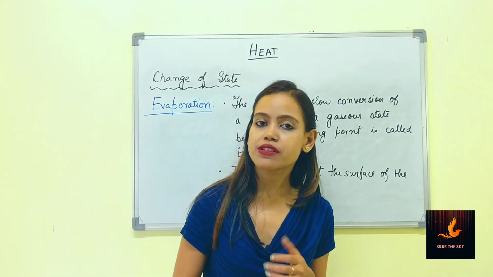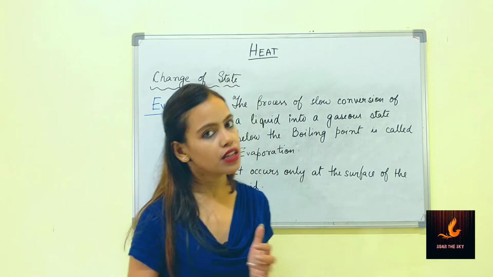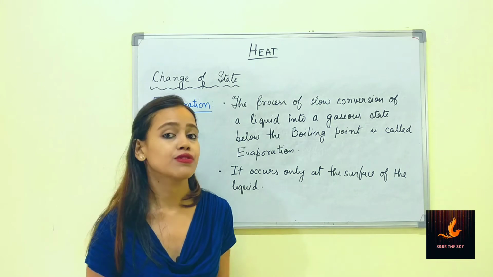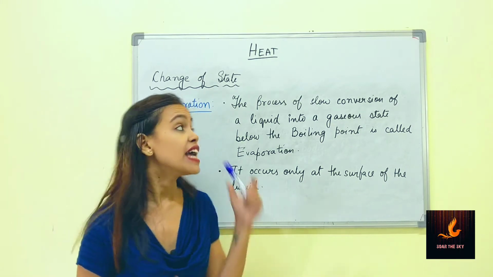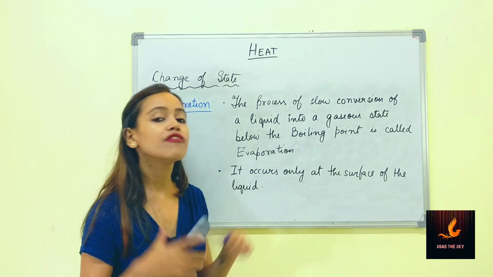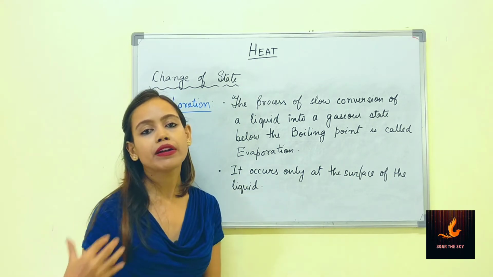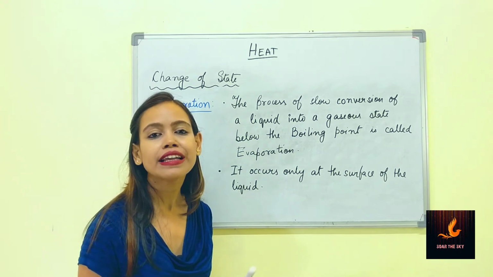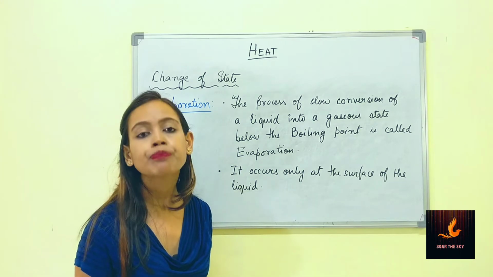The next process by which a liquid can get converted into a gaseous state, or the next process of vaporization, is evaporation. Now, what is evaporation? It is a very slow process if you compare it with boiling. Boiling happens instantly and requires a lot of heat.